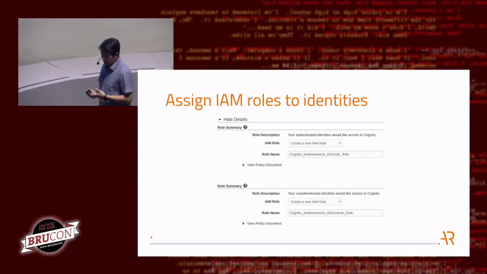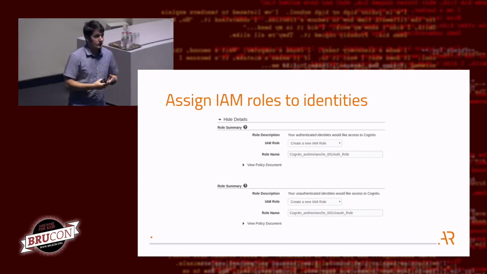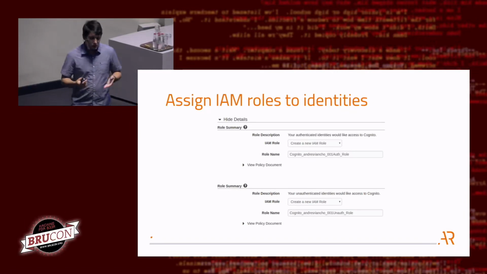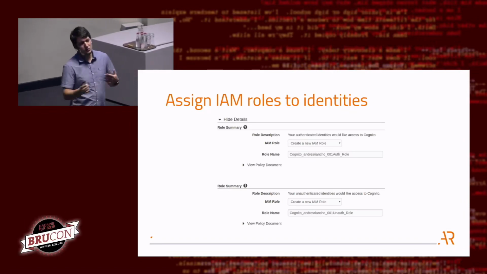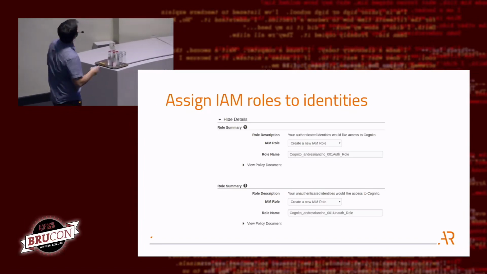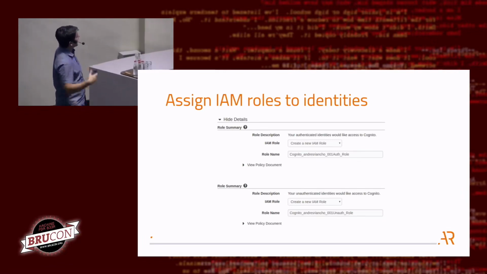IAM roles are an entity, a resource in AWS, which are used to define privileges in order to access other resources. And I'm going to show that later. But in here, we are going to set two different roles. One role for the unauthenticated users in Cognito, and a different role for the authenticated access to Cognito.